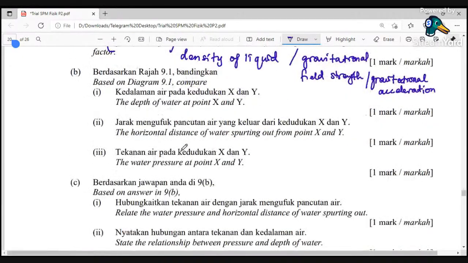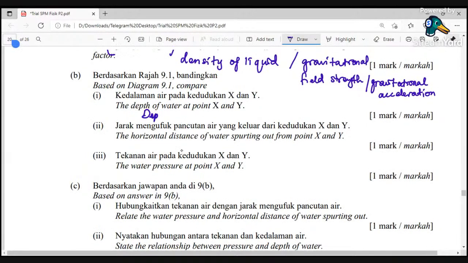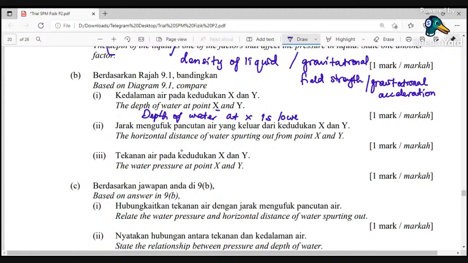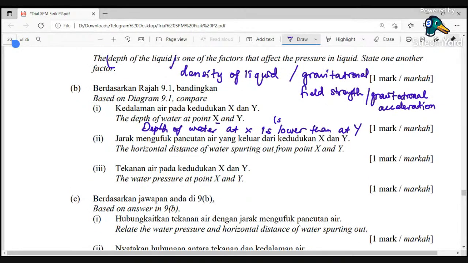Now let's write the answer. Okay, let's say I start with X. Depth of water at X is lower or shorter than Y. Either shorter or smaller. Okay, horizontal distance.